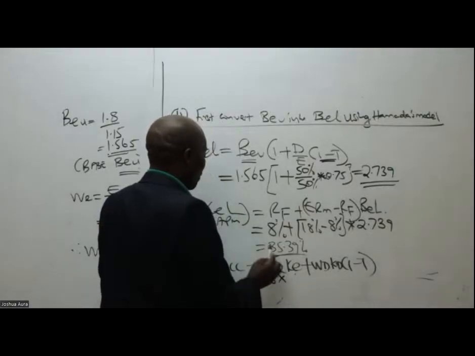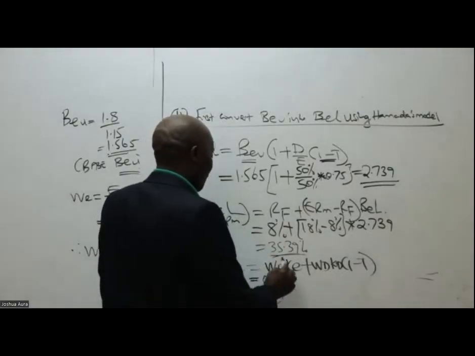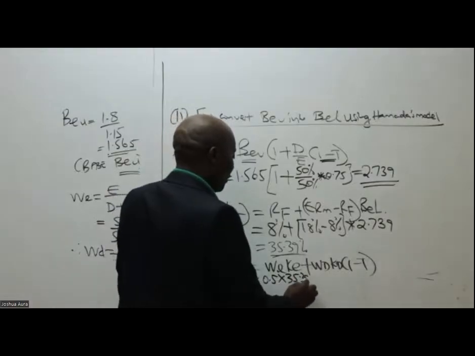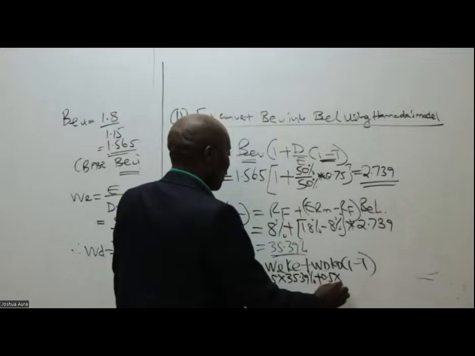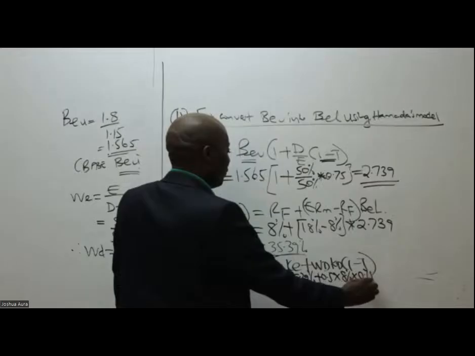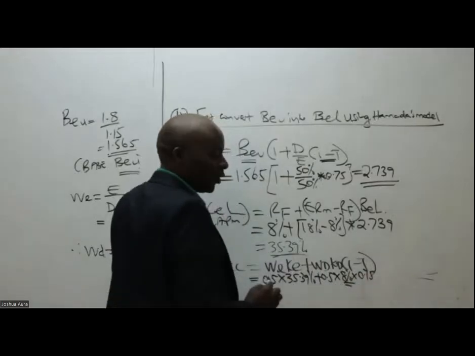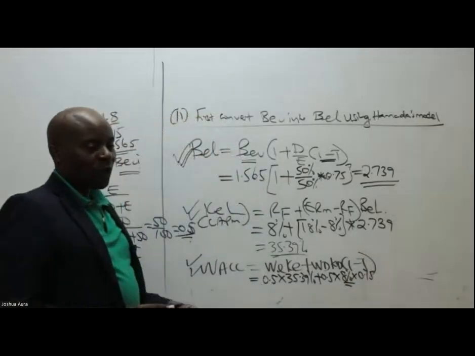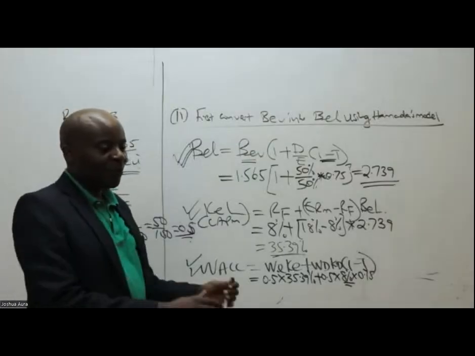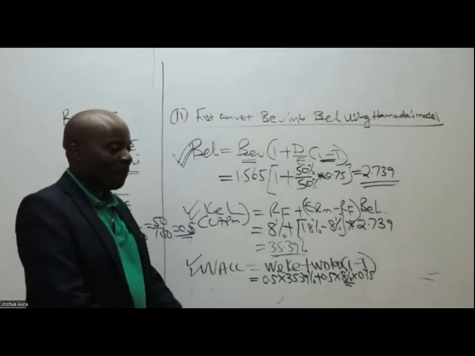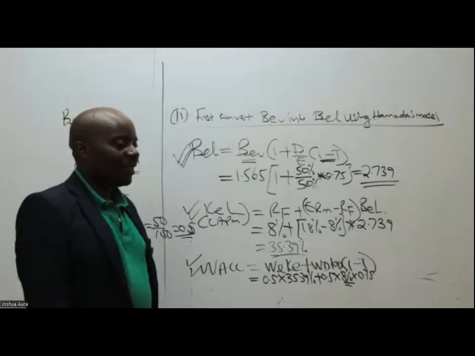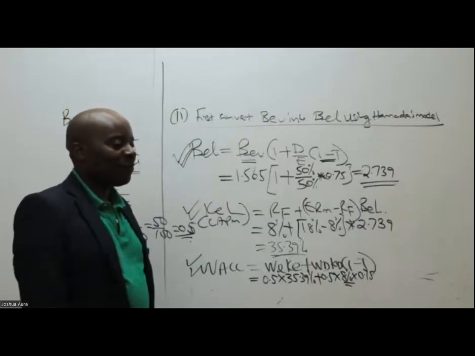The cost of equity is what we already have here, 35.39%. The weight of debt is 0.5 times the cost of debt, which is 8%, times 0.75. I'm so sure you don't know where I got 8% from. Is there anybody who knows where I got the 8% from?